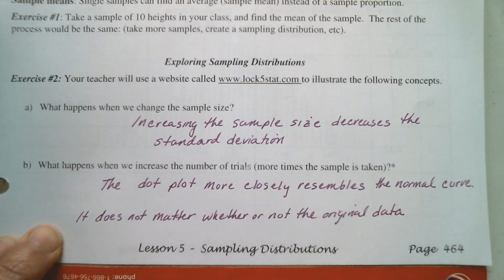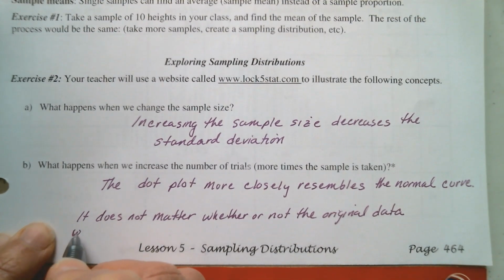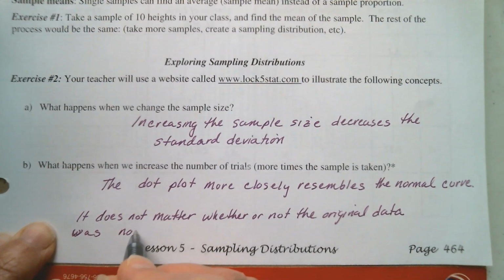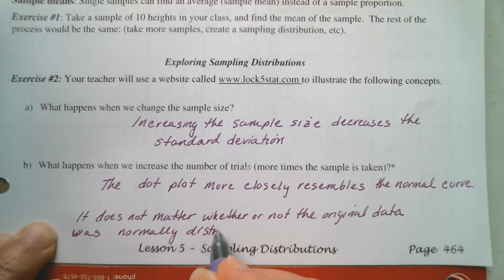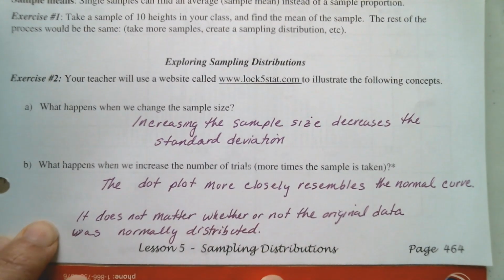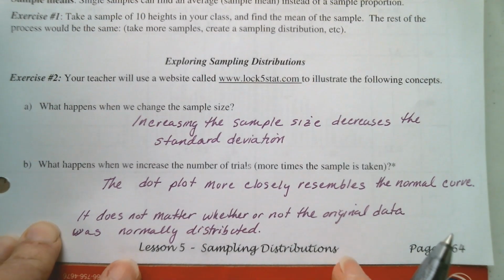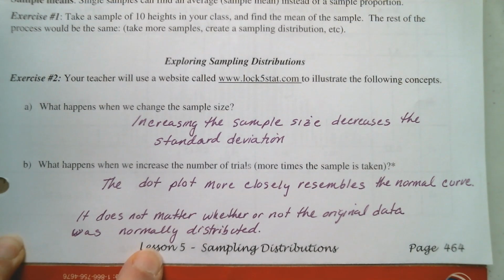So it does not matter whether or not the original data was normally distributed. This will always occur. The dot plot will more closely resemble the normal curve when you increase the number of trials.